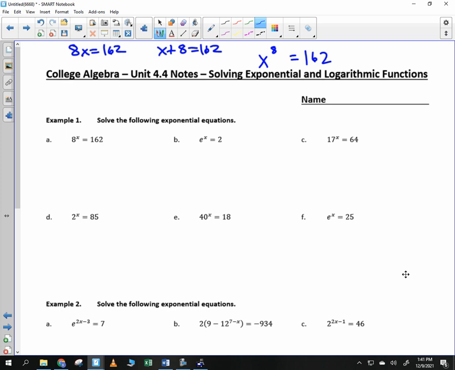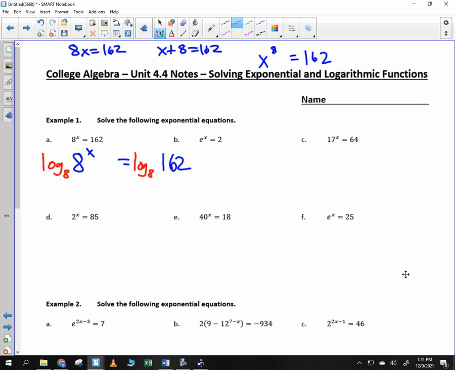Well, what's different is now 8 is the base. So here's what we do. We take the log base 8 of both sides. Because weren't we doing like 8 is to the left?